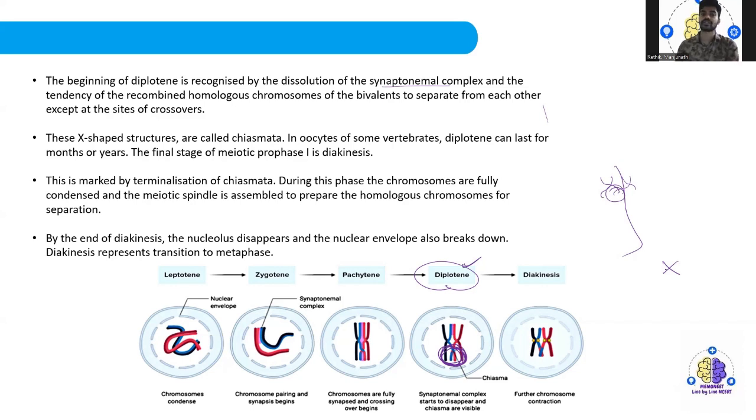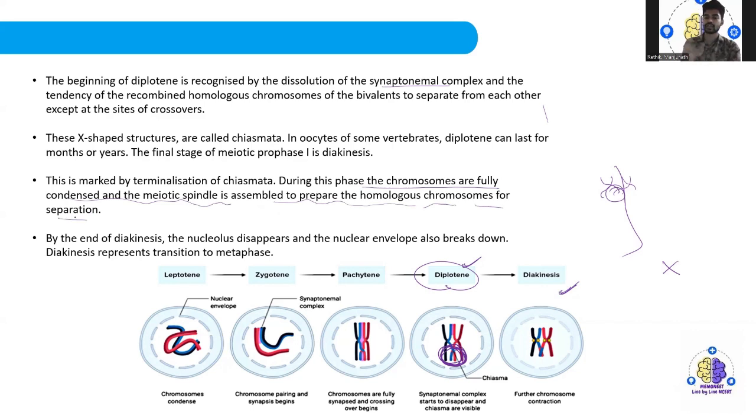The final stage of the meiotic prophase I is the diakinesis. This diakinesis is marked by the terminalization of the chiasmata, that is, separation of the chiasmata. During this phase, the chromosomes are fully condensed and the meiotic spindle is assembled to prepare the homologous chromosomes for separation.